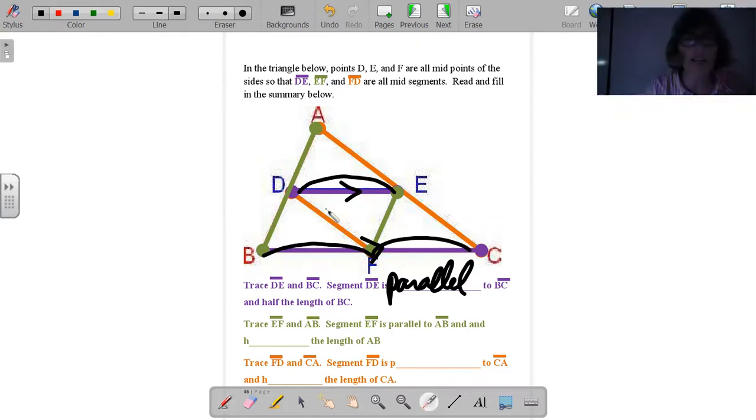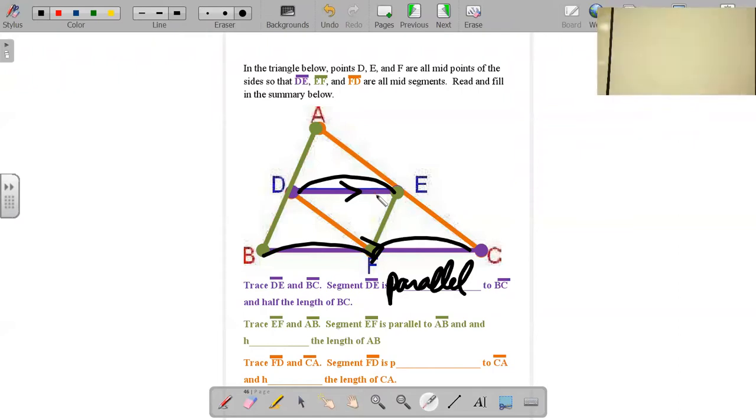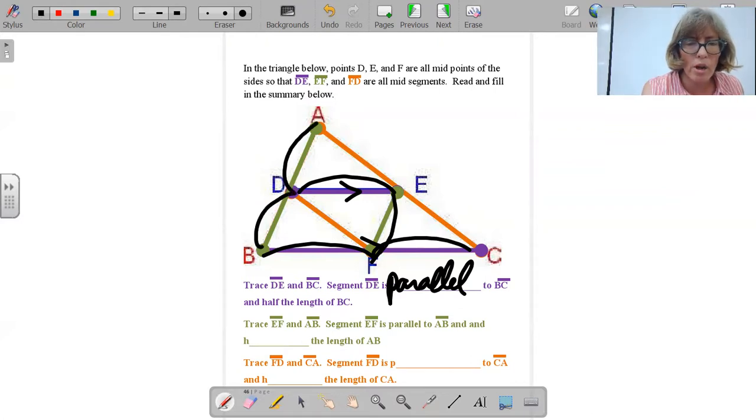Now, trace EF, trace AB. You should notice those are parallel, and 1 bunny hop, 2 bunny hops, it is also half the length.